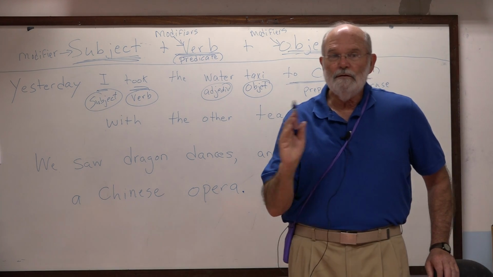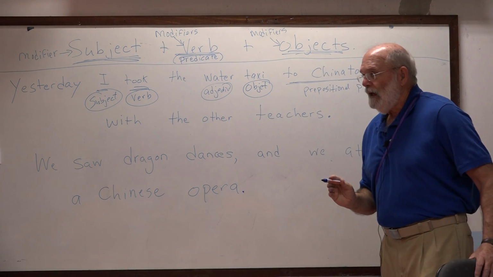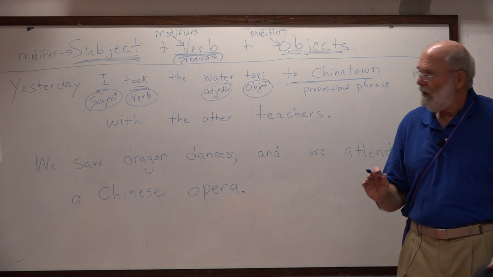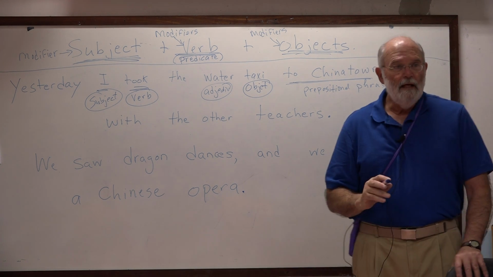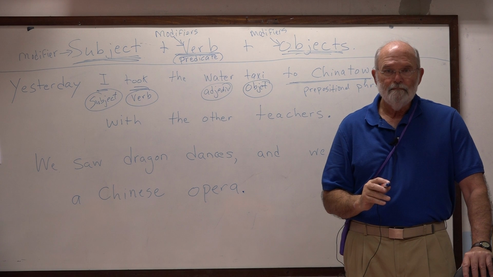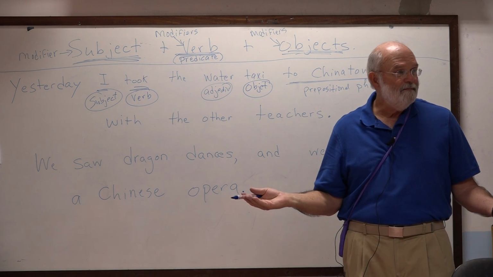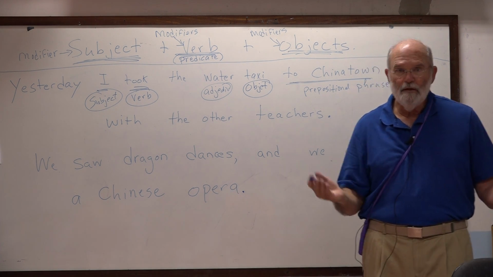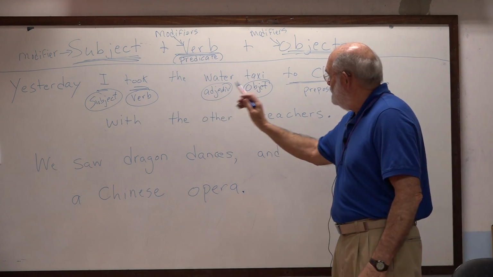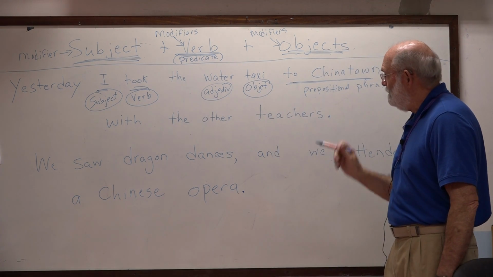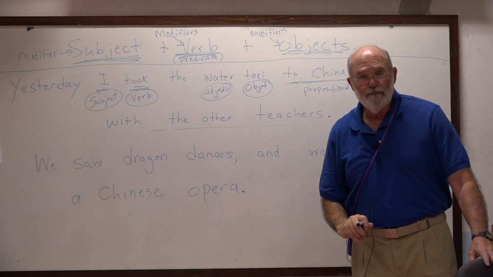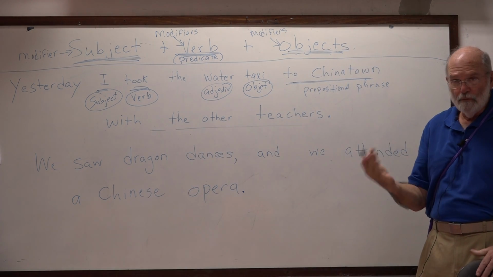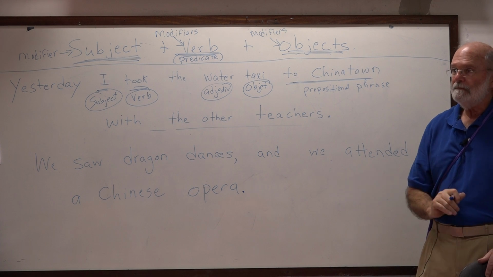But it's the order of the sentence. I would not say in English, to Chinatown, the water taxi I took. It's in the wrong order. We'd want to say the right order, I took the water taxi to Chinatown with the other teachers, another prepositional phrase. This says with whom I went. Okay?